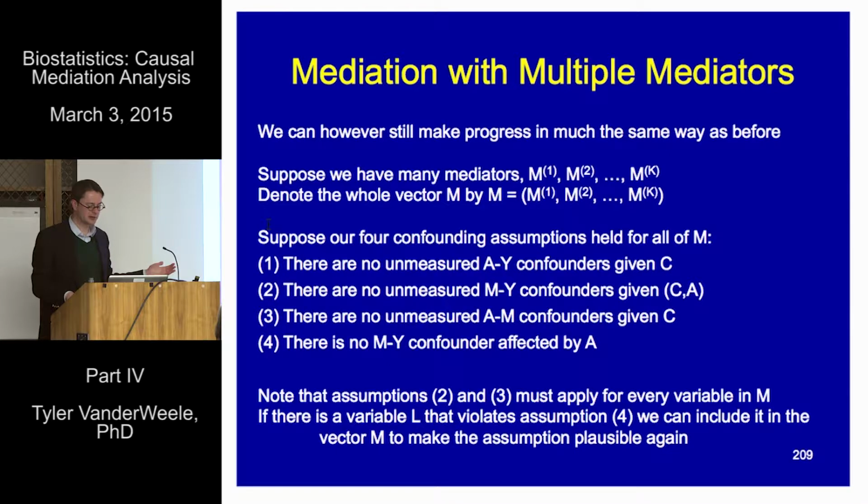Our methods are going to look pretty similar to what we had before, as are our confounding assumptions. But our confounding assumptions are now going to apply to the whole vector of mediators that we're interested in, not just one.